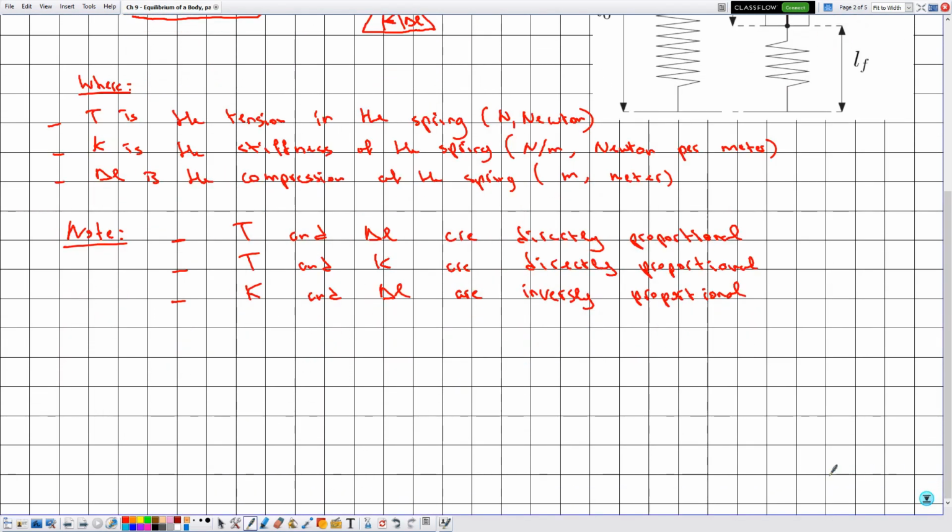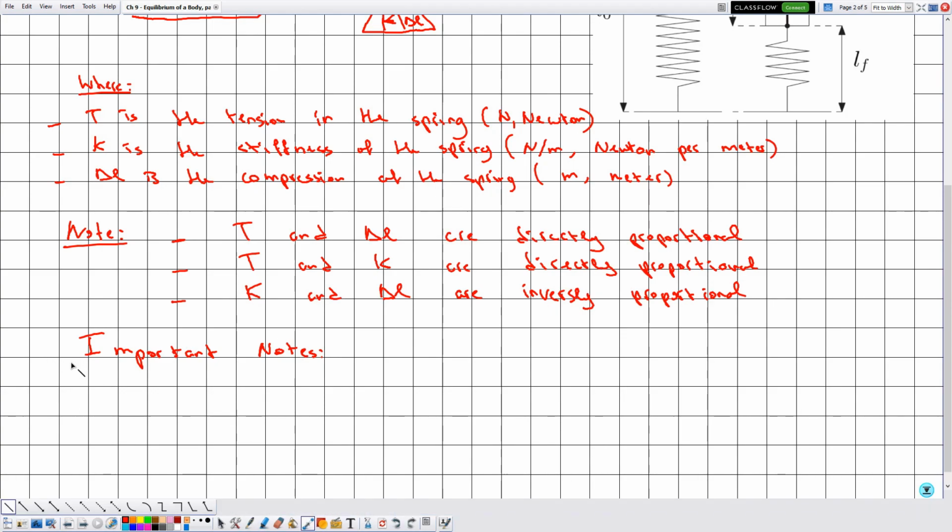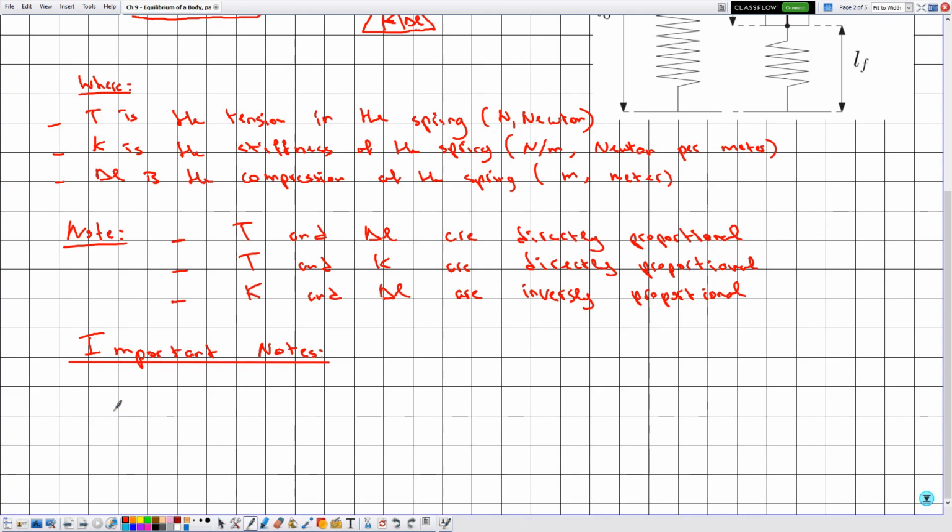And now let's discuss the important notes. Then the first one to mention is the name of K. K is a physical quantity characterizing the spring, and the name of K is given by the stiffness of the spring, or simply the stiffness, also known as the force constant.